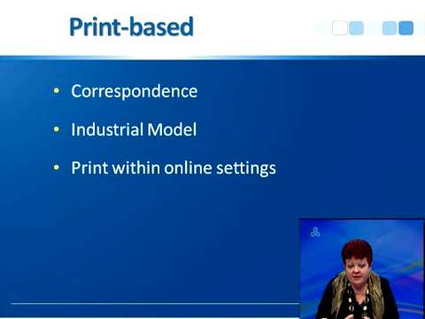But of course, also in the industrial model, it is still print-based materials. And there is also print within online settings. When you study any given course online, you always get also a list of books and articles that you either go and buy or you can download, but it is still print-based. Print-based is considered to be the first generation of technology of distance education.